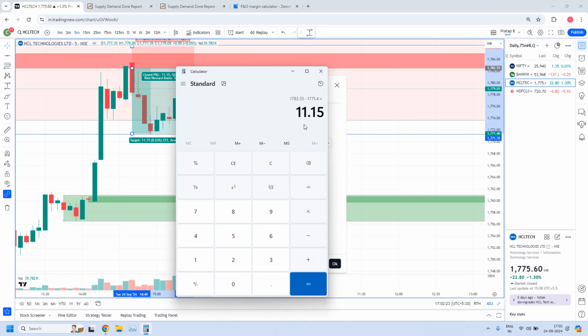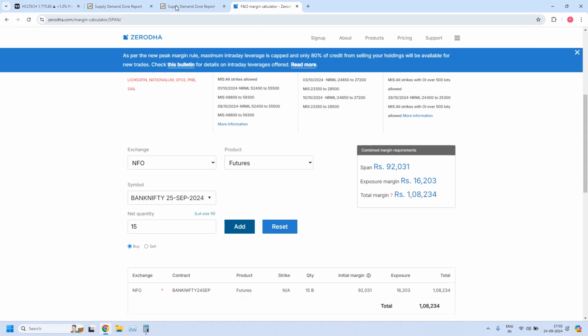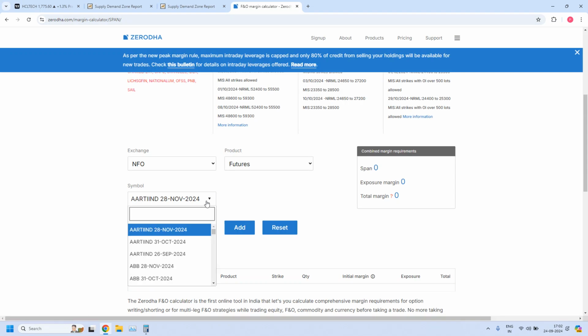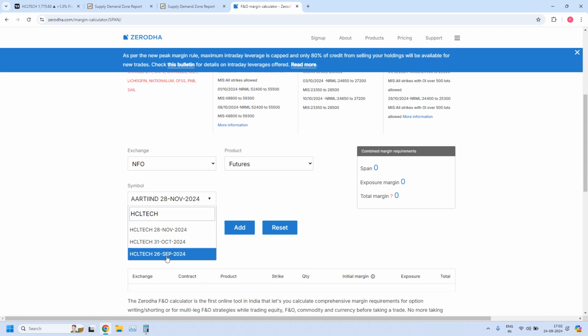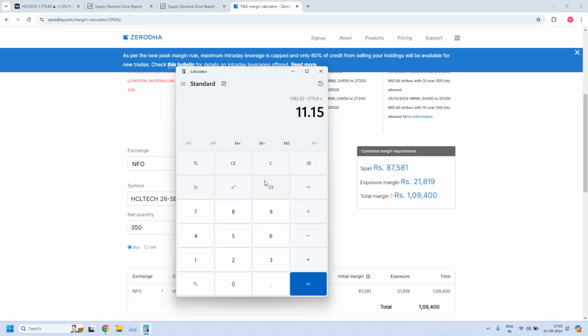How much? 11 rupees 15 paisa profit you would have got. So what is the lot size and the margin cost? Let us calculate. HCL Technologies, 26 September expiry, 350 stocks are there. So into 350, you would have got 3,902 rupees. That means about 3,900 rupees profit you would have got.